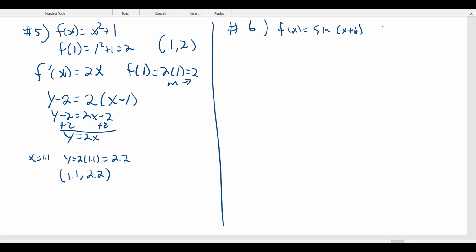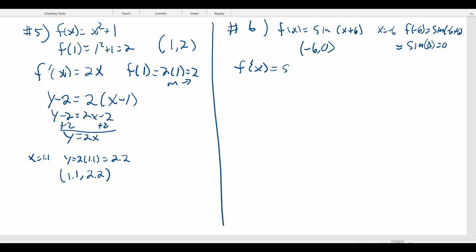For x being -6, f of -6 is going to be sine of -6 plus 6. So it's sine of 0, which is 0. So we have the point (-6, 0), as we saw on the screen. Now we take the derivative to find the slope at this point. This again gives us the slope at every point, and we plug in our numbers.